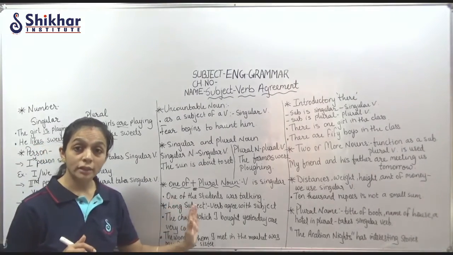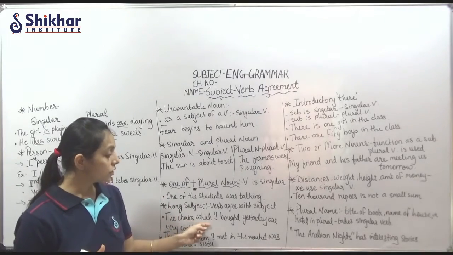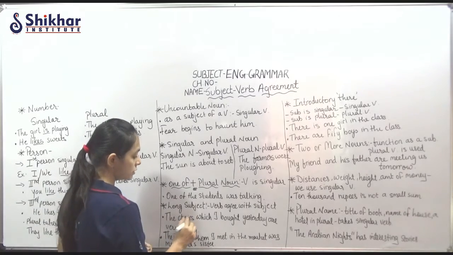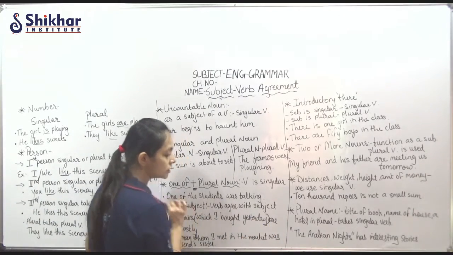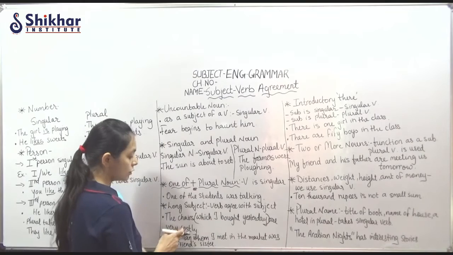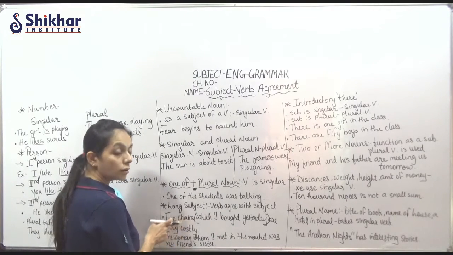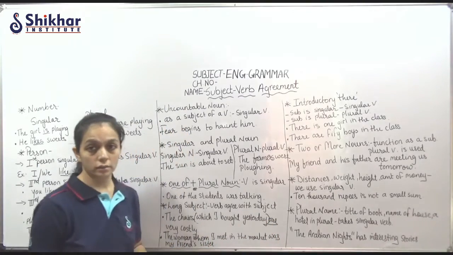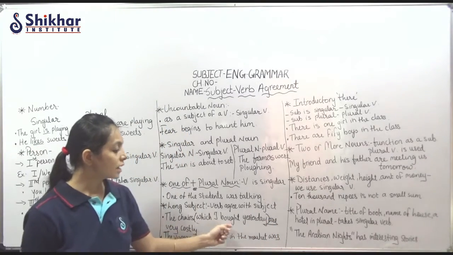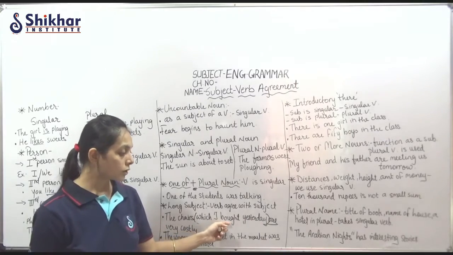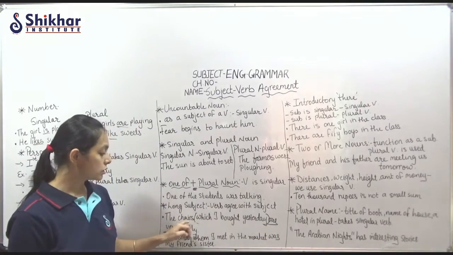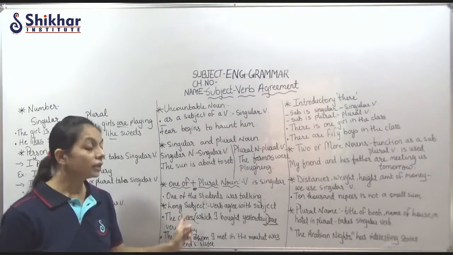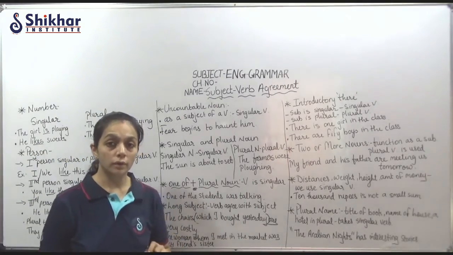But then it continues: the chairs which I bought yesterday are very costly. Chairs is a plural noun, and that is why my verb will be are. The chairs which I bought yesterday is a clause. So you have to see what the subject is, singular or plural, and accordingly use your verb.